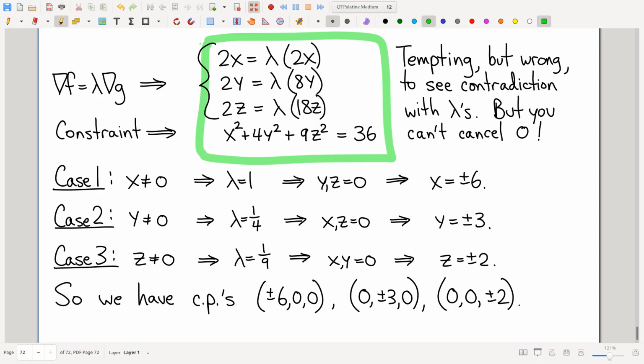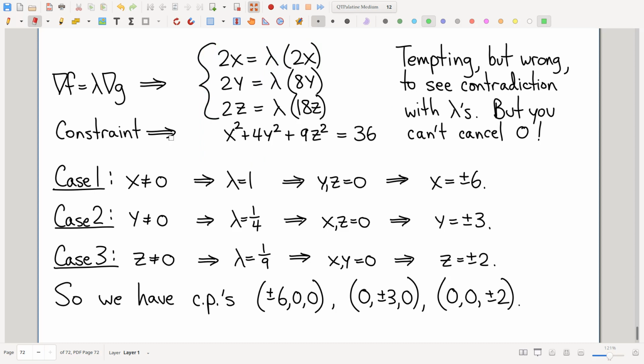And again, I'm playing too fast and loose with zeros, right? You can only conclude that lambda has to equal 1 if x is not 0. If x is 0, that lambda could be anything. And likewise with the others, right? So if you're careful here, you got to break it down into cases, right?